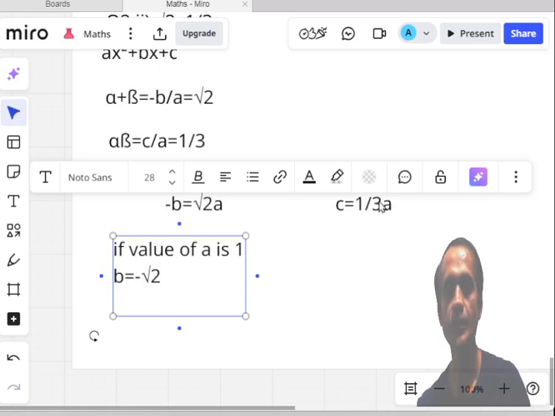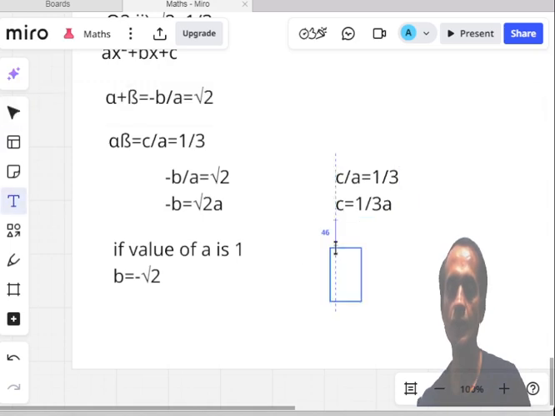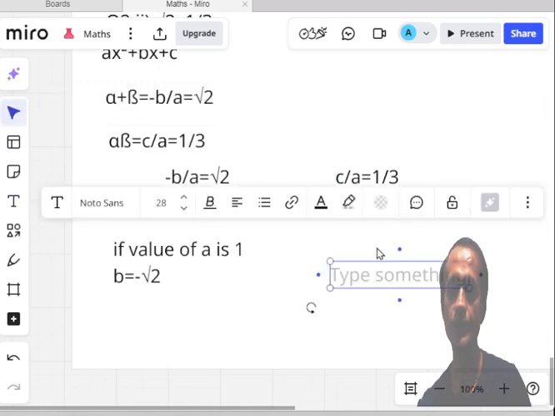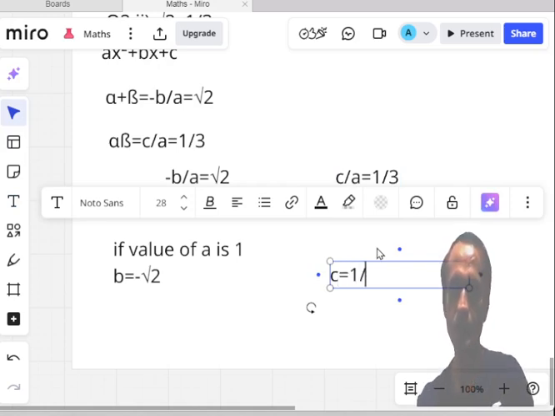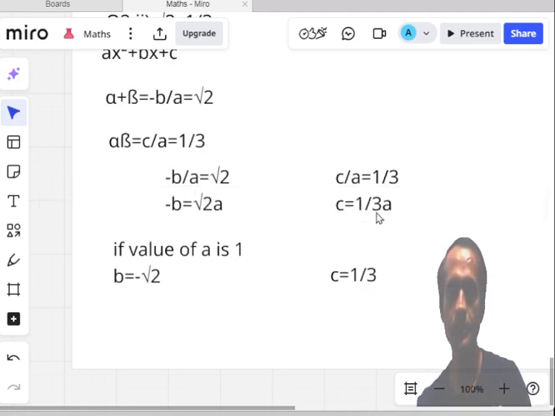And if a is 1, what will be the value of c? C is equal to 1 by 3 a. We have assumed that the value of a is 1, so c will be 1 by 3.